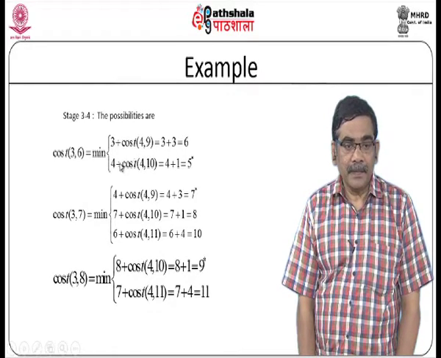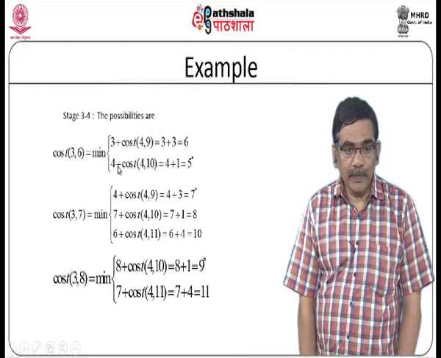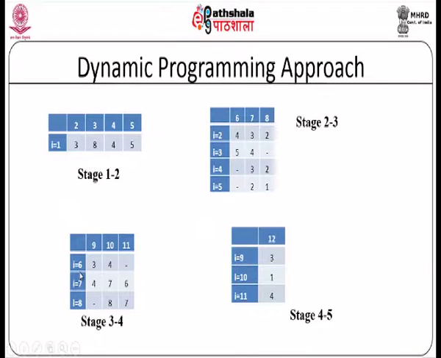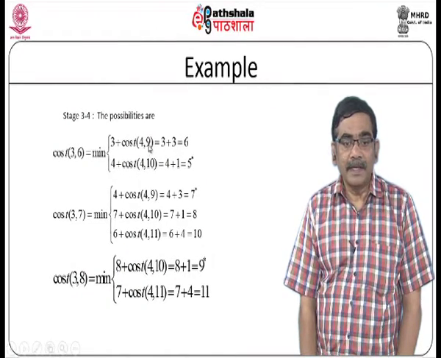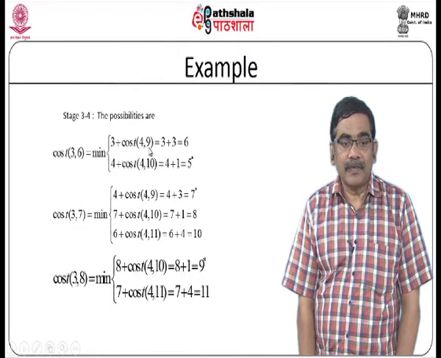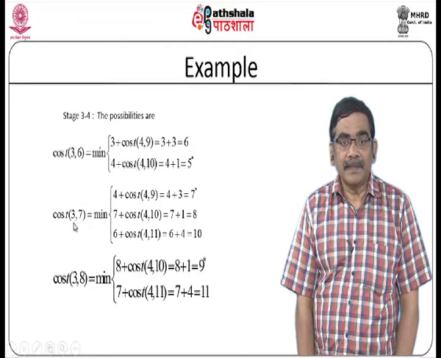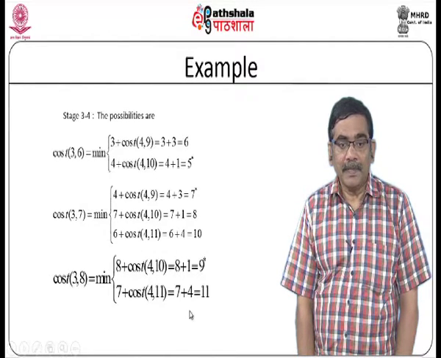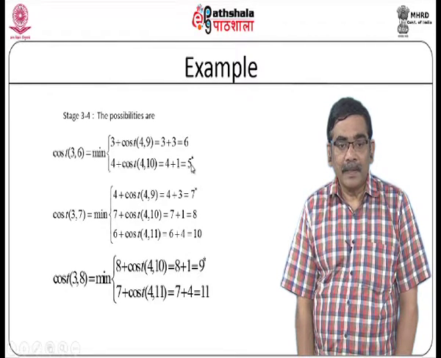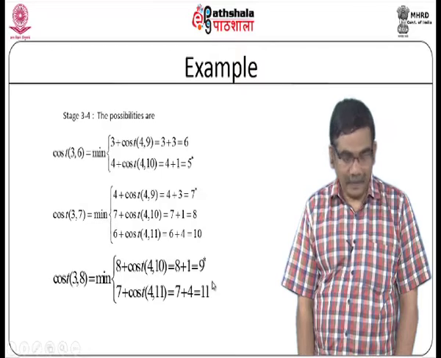That means I have to use this particular table effectively. So, it is going to be 3, then I have to find the cost of reaching your destination from node 9. Similarly, I can find via node 7 and node 8. Now I can compute all the things. Now, you can see very well you have the minimums of everything.